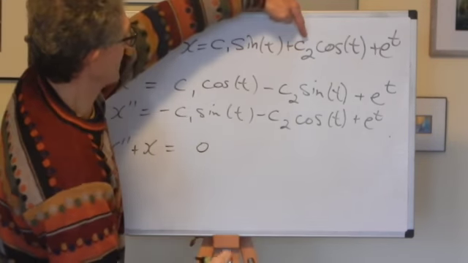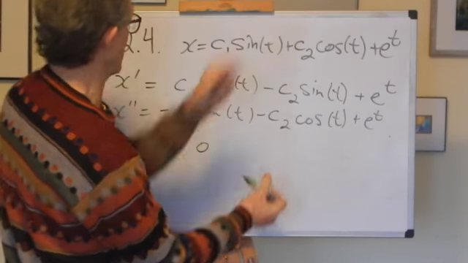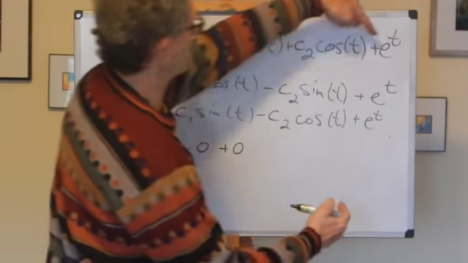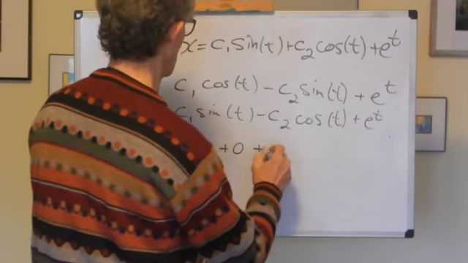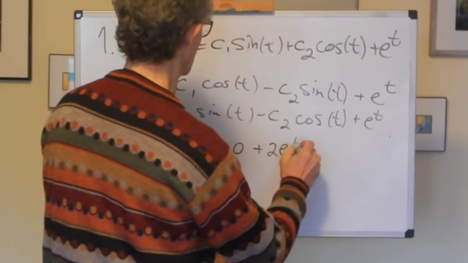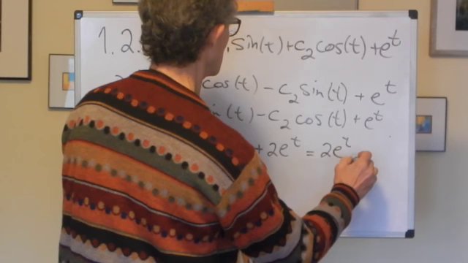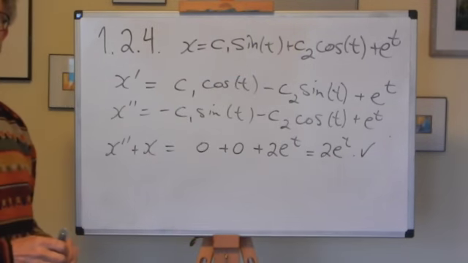And then we're adding c2 cosine t with minus c2 cosine t, so that also gives 0. And then we have e to the t plus e to the t, so that's 2 e to the t, which is what we were supposed to get.